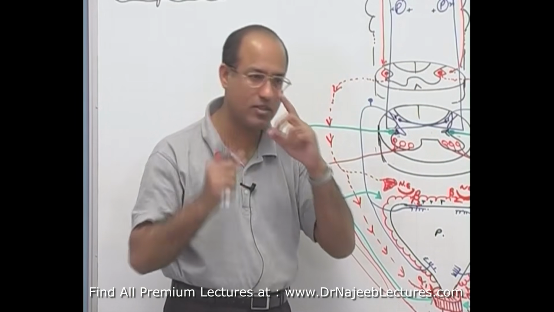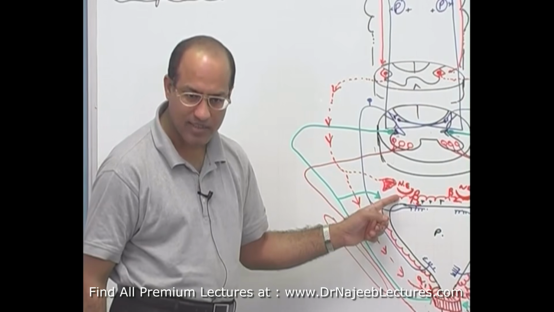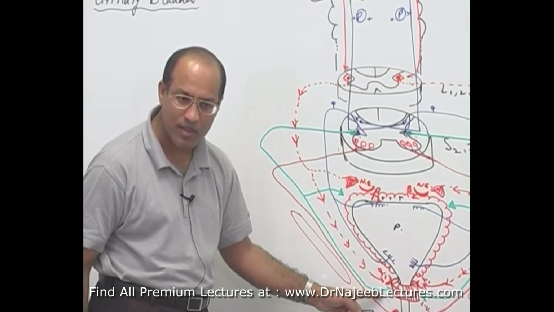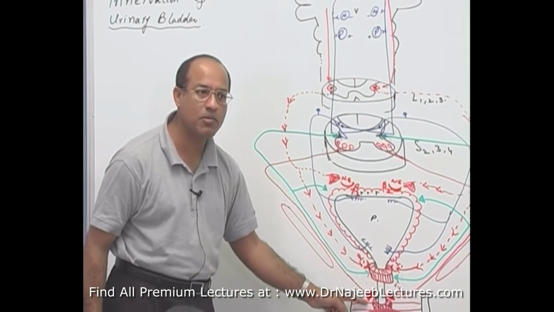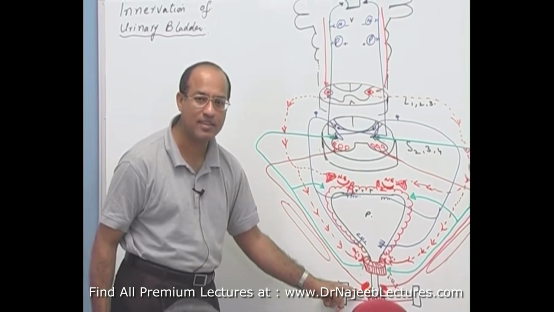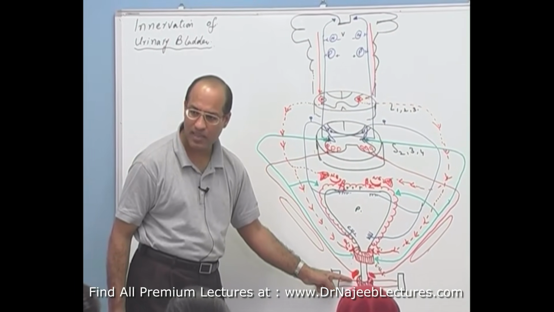What is the higher central nervous system doing? Number one, it is keeping the maximum outflow of sympathetic, it is keeping the minimum outflow of parasympathetic, and it is keeping maximum outflow of somatic efferents. Is that right? Am I clear?